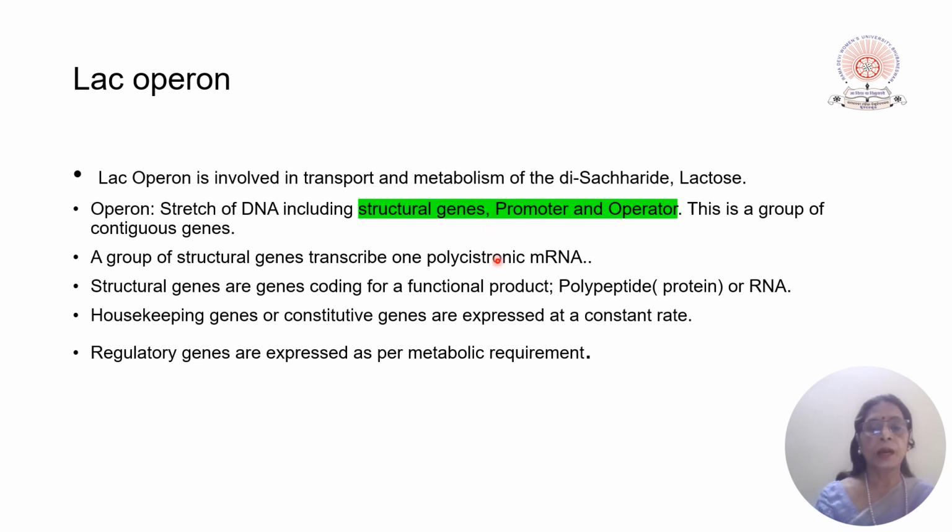Structural genes are the genes which code for a functional product, either a polypeptide or a protein. Structural genes may be of two types: housekeeping genes, which undergo constitutive expression and are expressed inside the cell at a constant rate, and regulatory genes, which are expressed under induction as per the metabolic requirement of the cell.